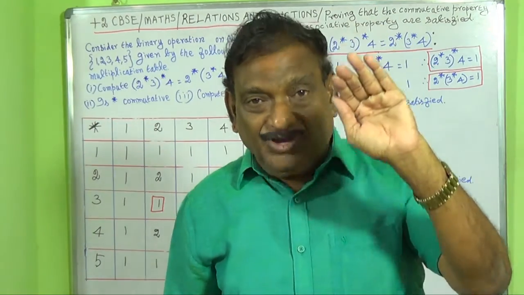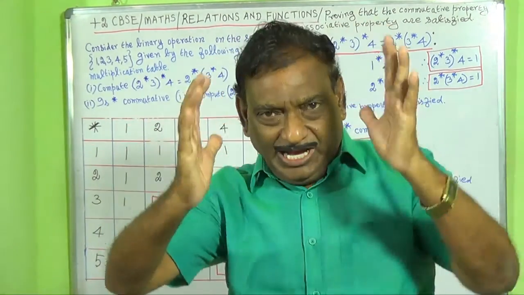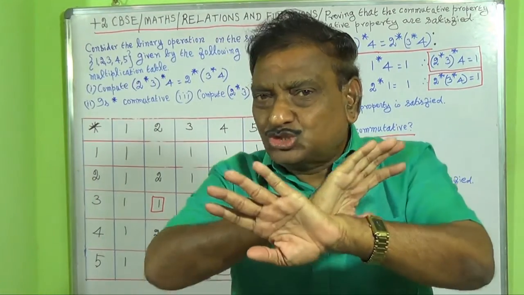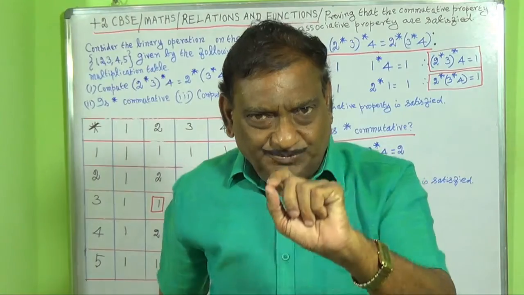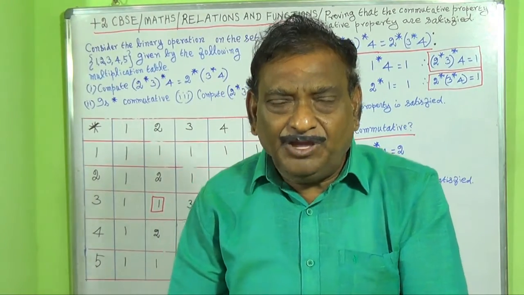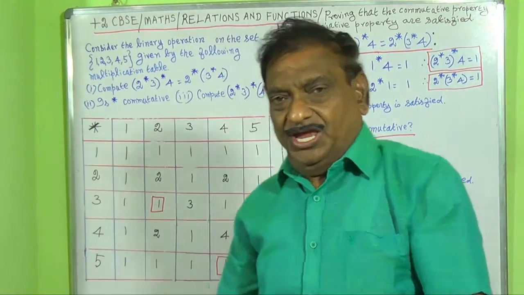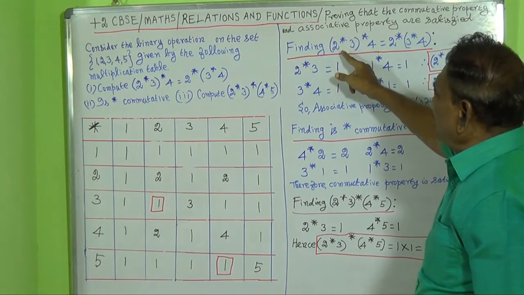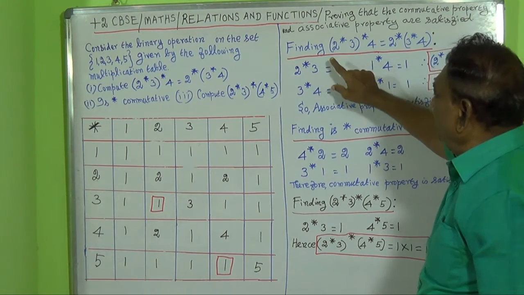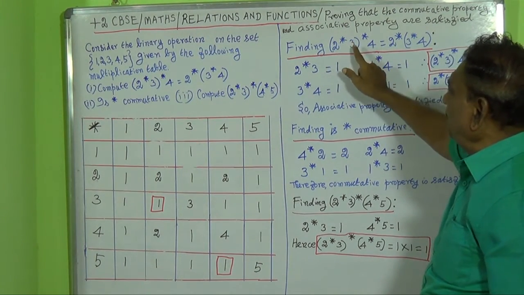In whatever way we group the elements, the result should not be changed. The result should be the same wherever we put the parenthesis. In the left side expression, the parenthesis is put between the first and the second number.